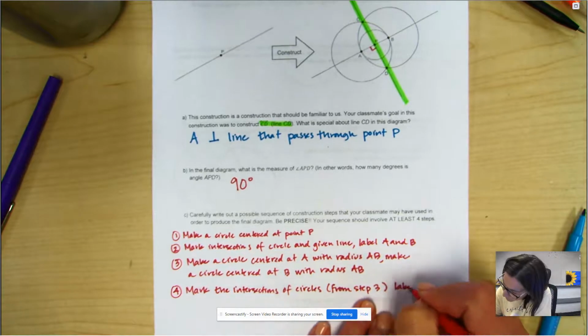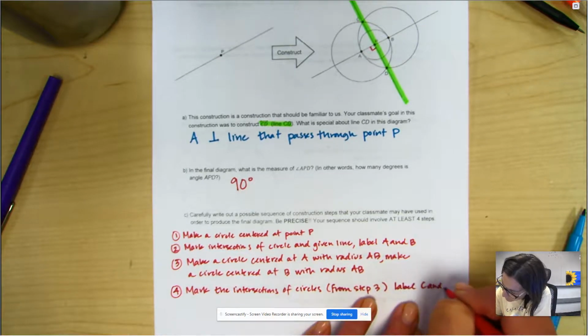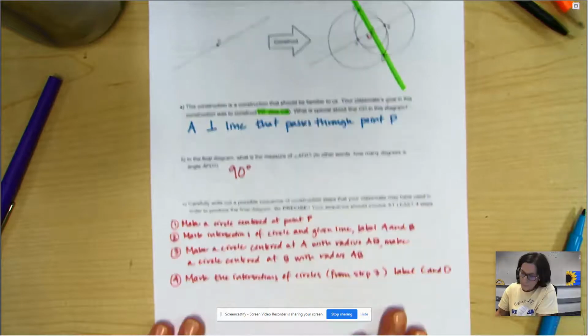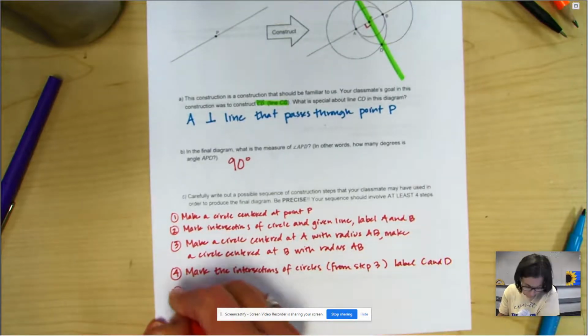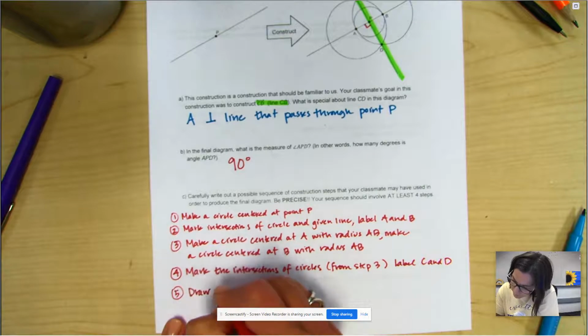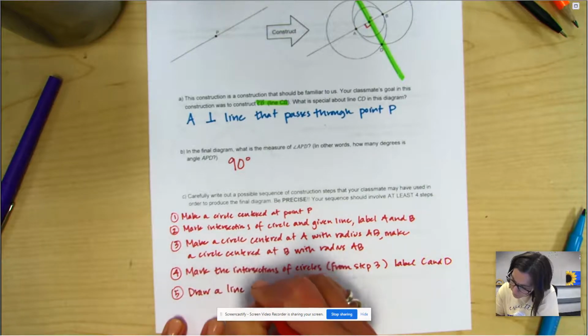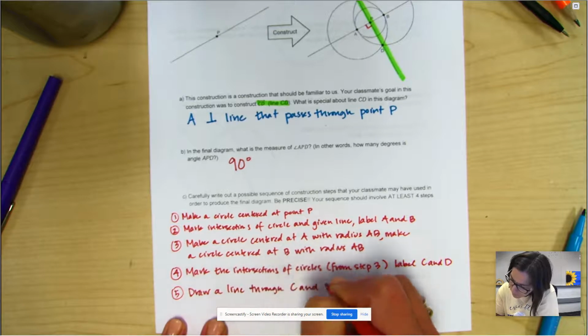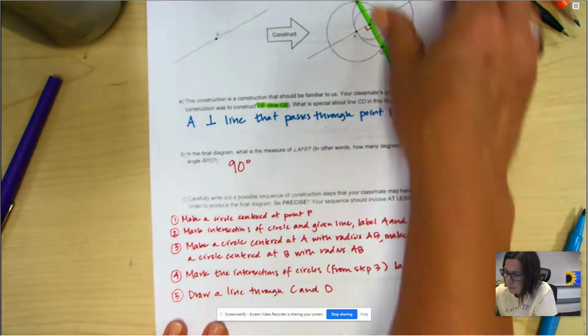Label C and D. Draw a line through C and D. Voila. Okay, keep on going.